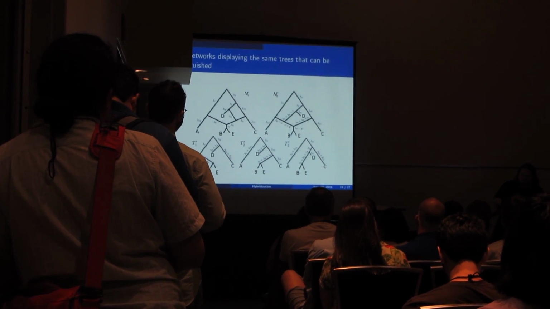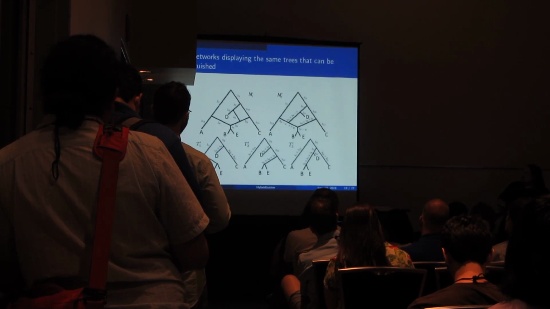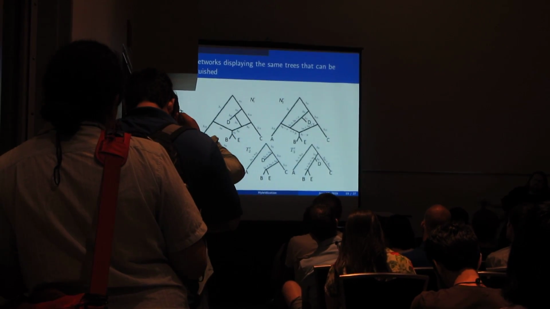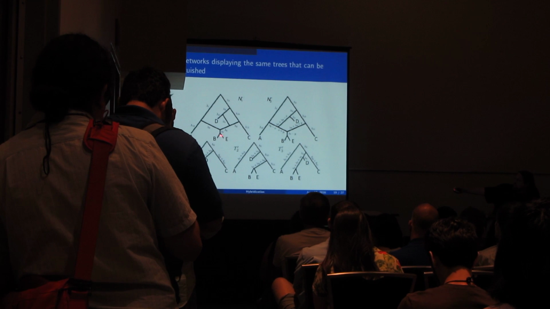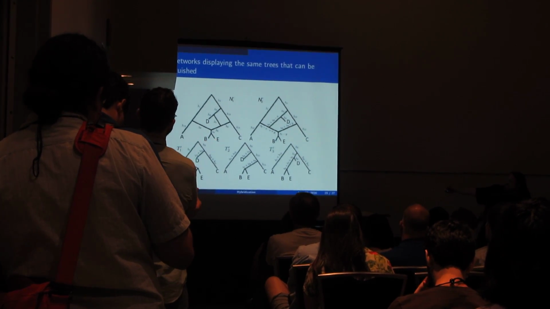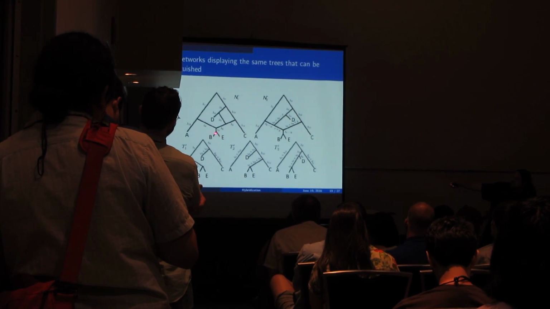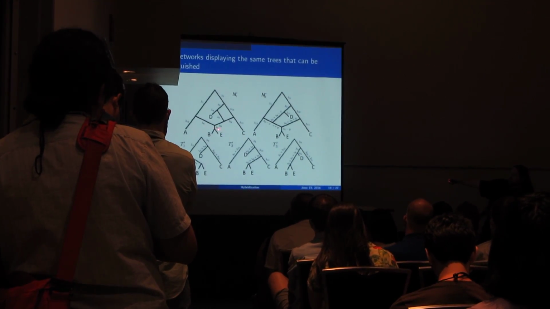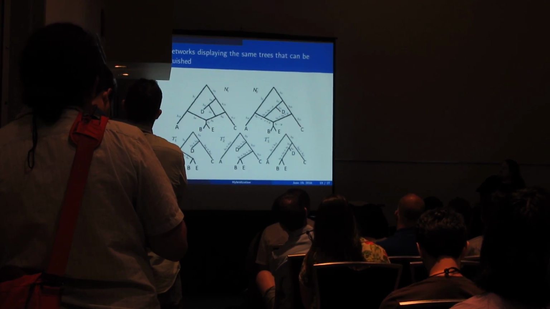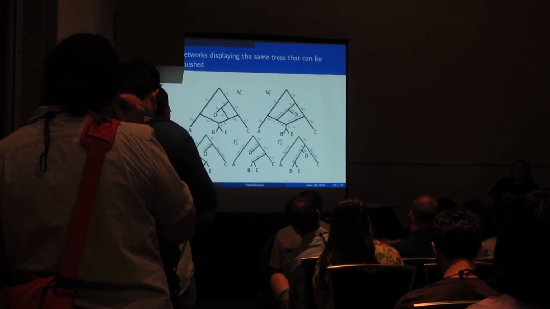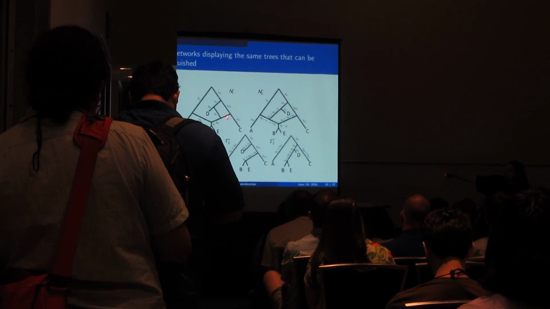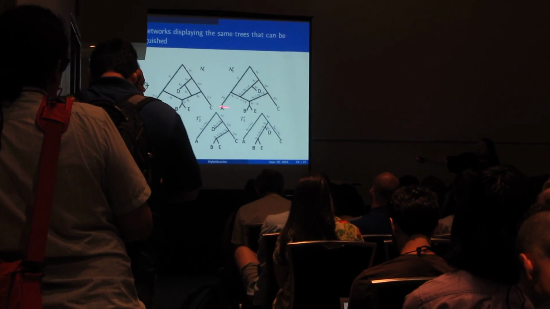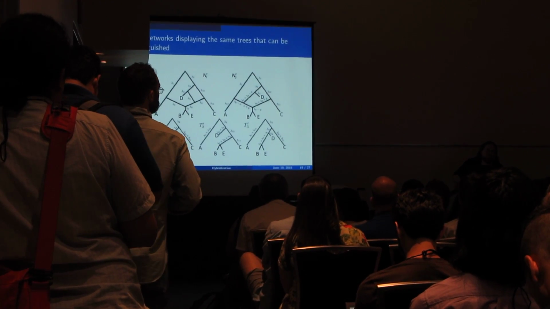But we can modify the example a little bit. So here I've introduced an extra taxon E, and so we have two species here. This is like the case where you might have incomplete lineage sorting, and these two lineages might go different ways. And just by introducing that extra taxon, we still have these two networks displaying exactly the same trees, but it's no longer the case that the networks are indistinguishable.